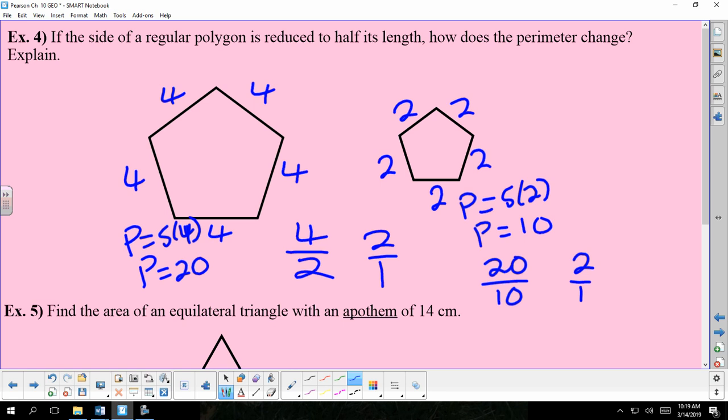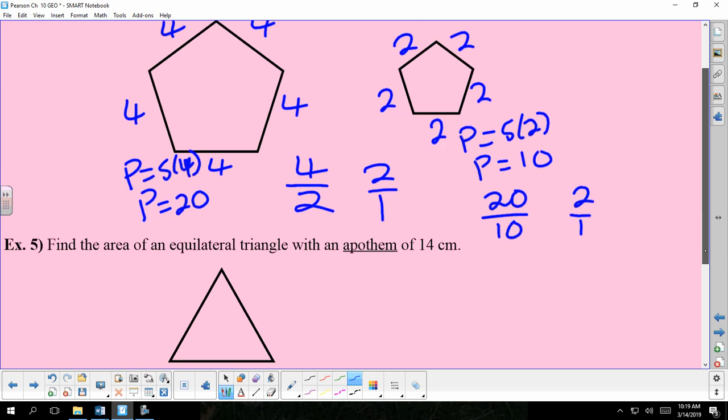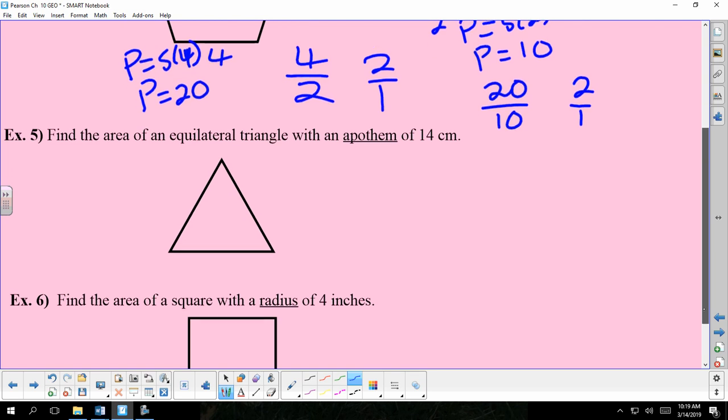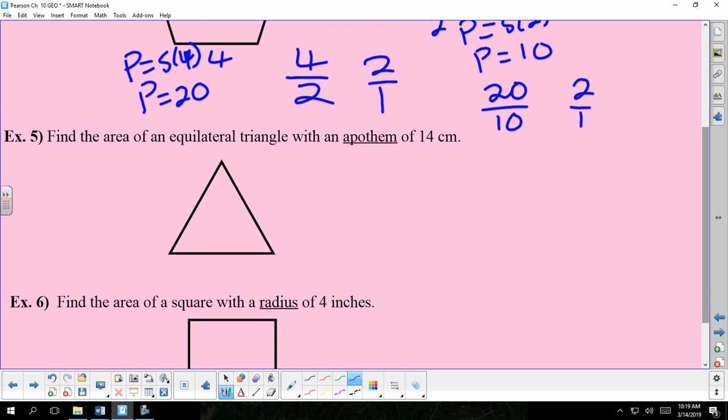All right, so now we have our equilateral triangle. I'm going to find the area if I have an apothem of 14. All right. So now I'm just given this right here, this little baby part of the triangle.